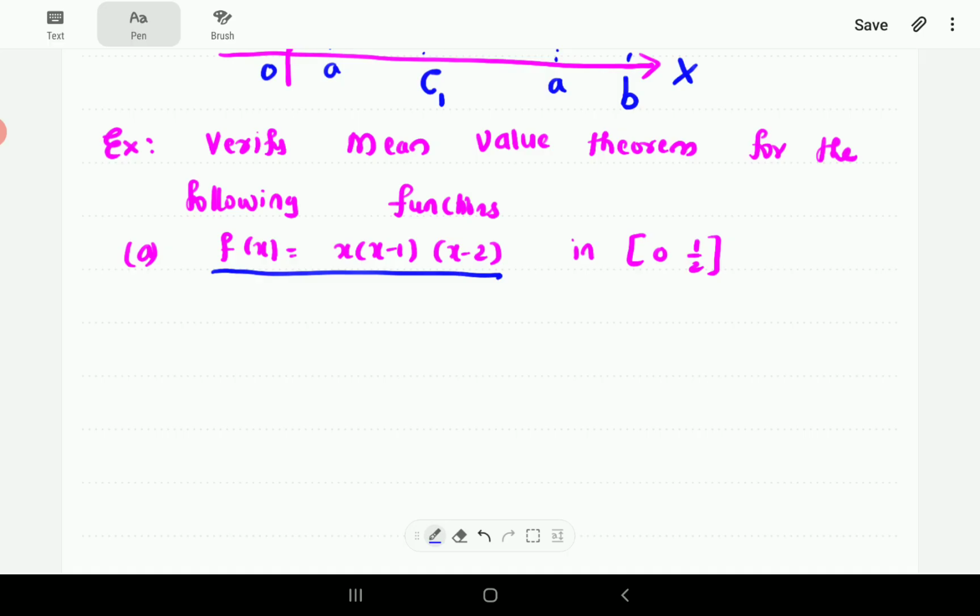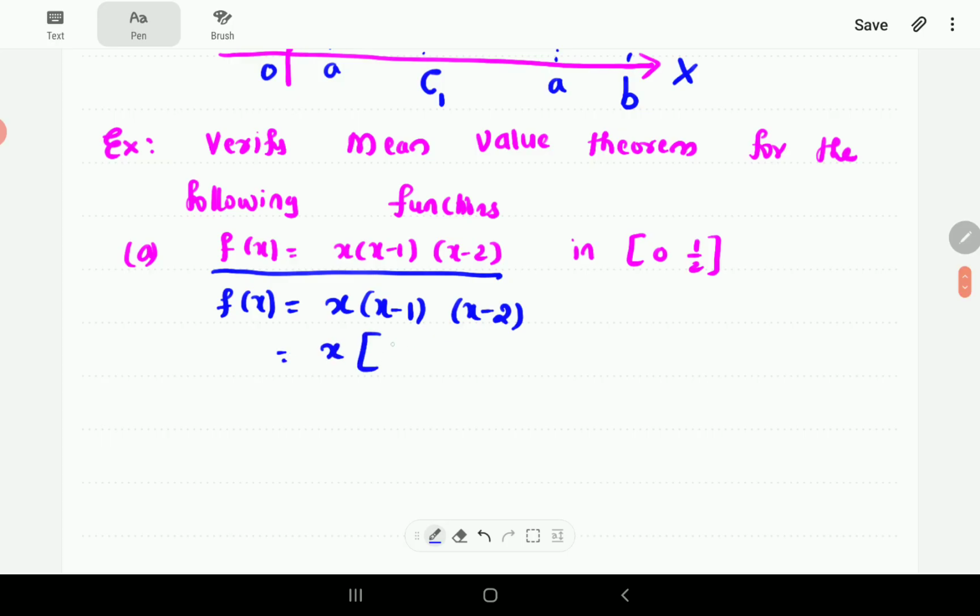Let f of x be equal to x into x minus 1 into x minus 2. Let us simplify this.